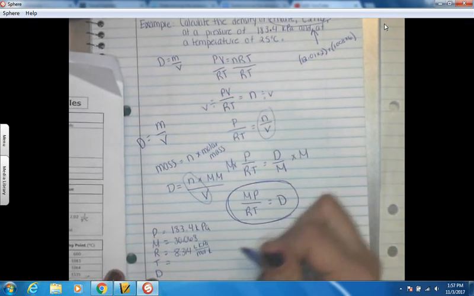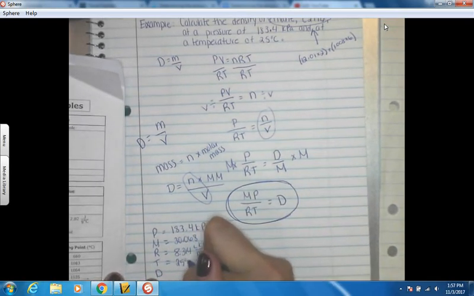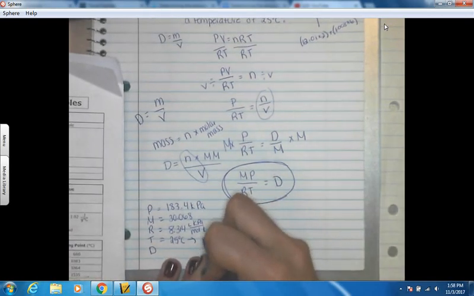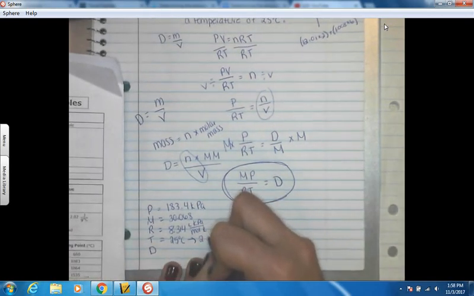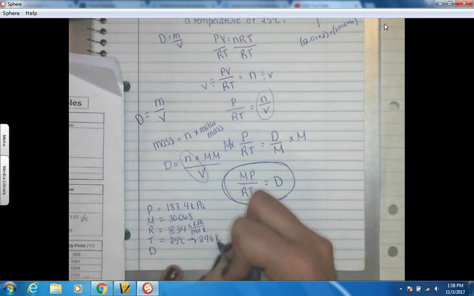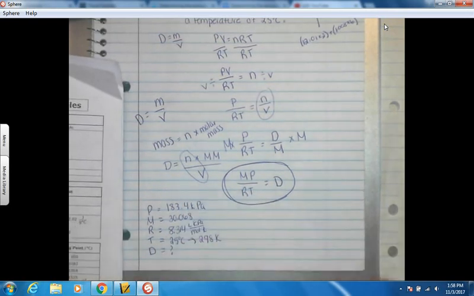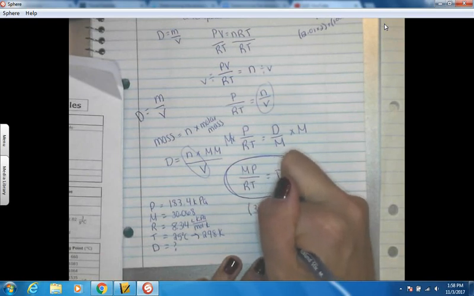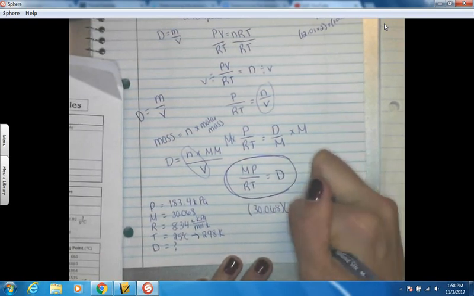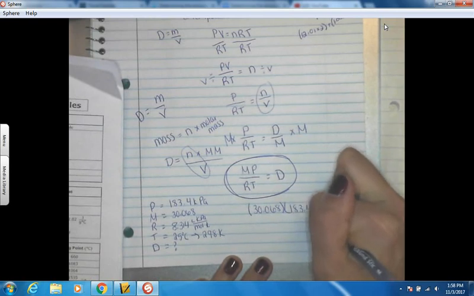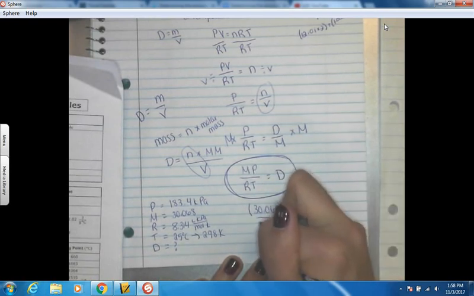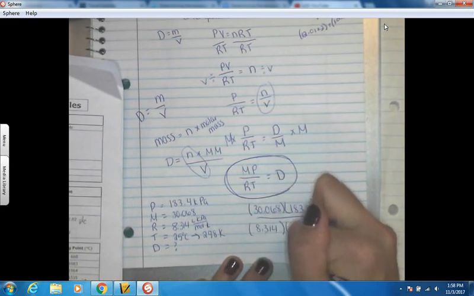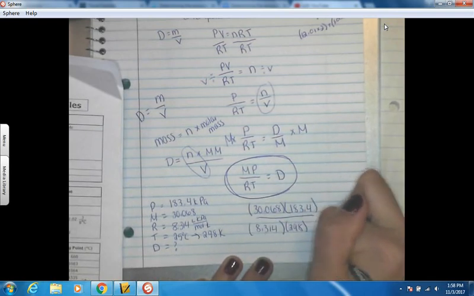Our temperature given in the problem is 25 degrees Celsius, but we have to change that into Kelvin, so we add 273, and that comes out to 298 Kelvin, and our density is what we are solving for. So we have 30.068 times 183.4 divided by 8.314 times 298.